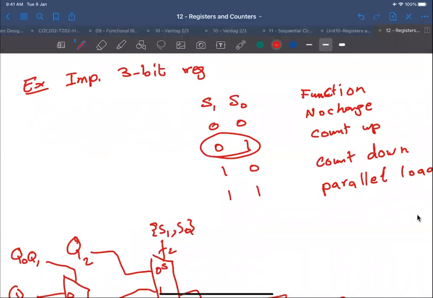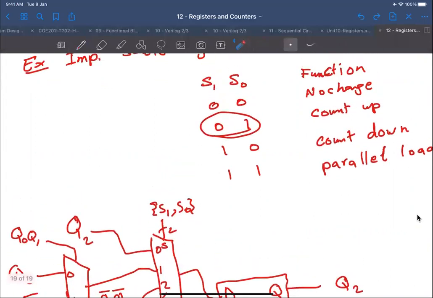For example, when S1 is 0, we are counting up, and when S1 is 1, we're counting down. Or you can also take S0: when S0 is 1, we are counting up, and when S0 is 0, we are counting down. So then you use one multiplexer.